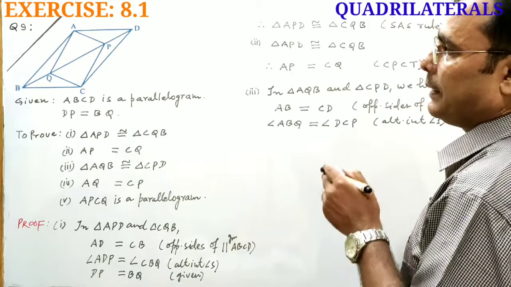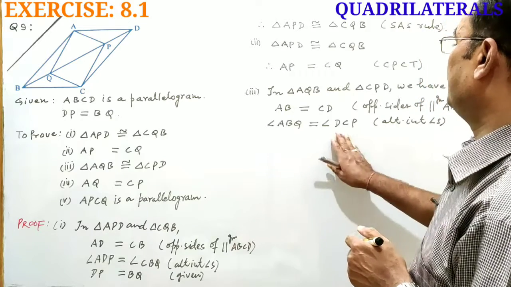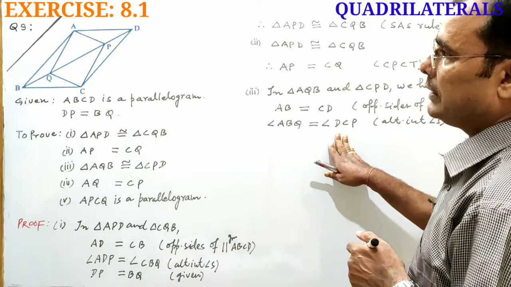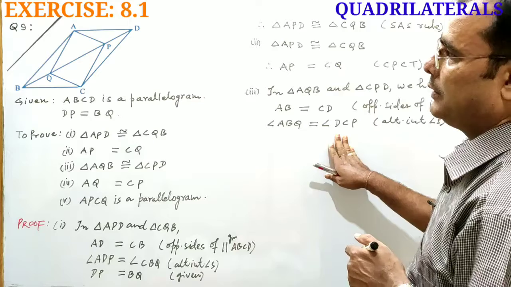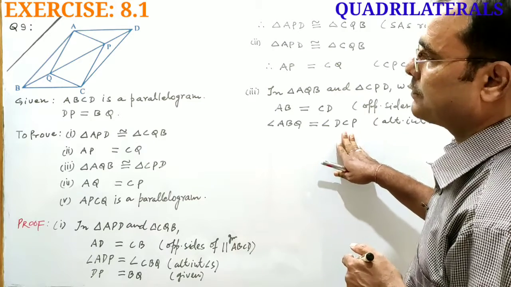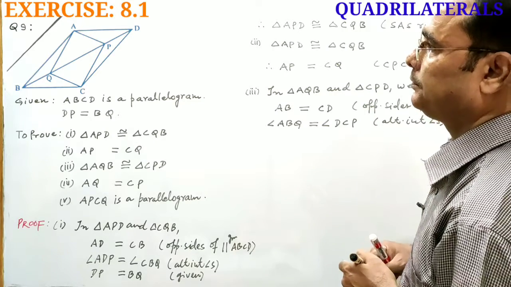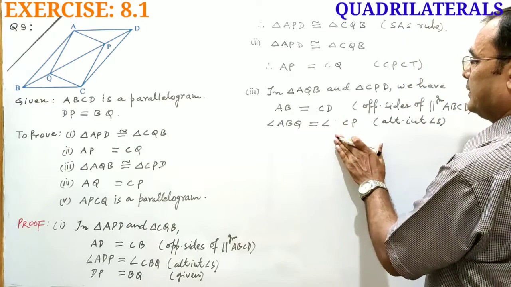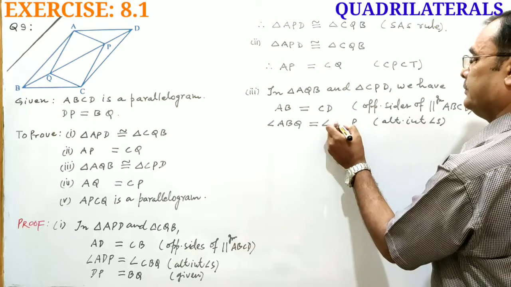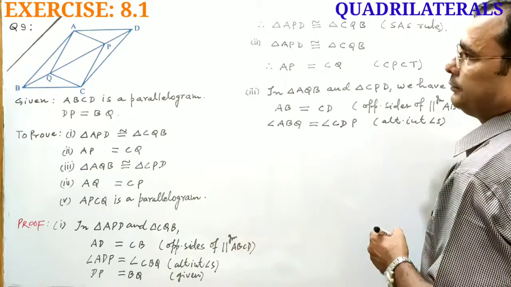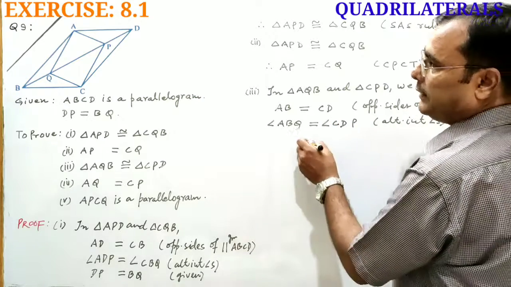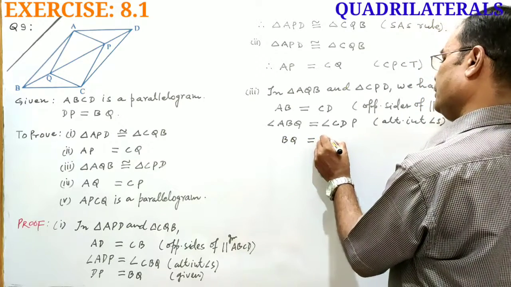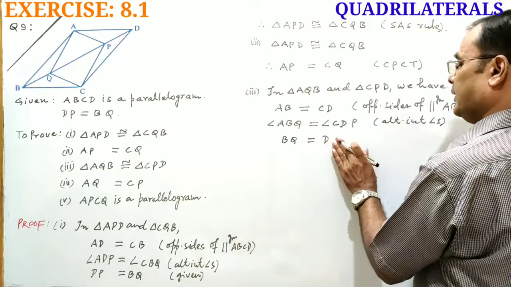So angle ABQ is equal to angle CDP. And BQ is equal to DP given.